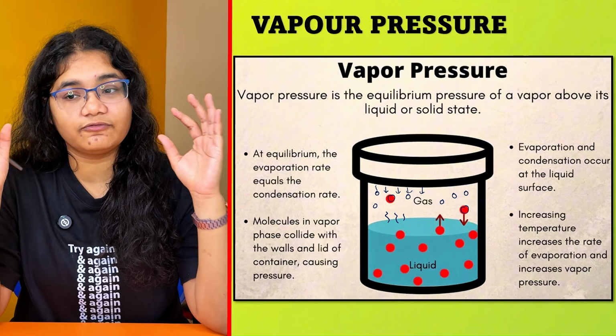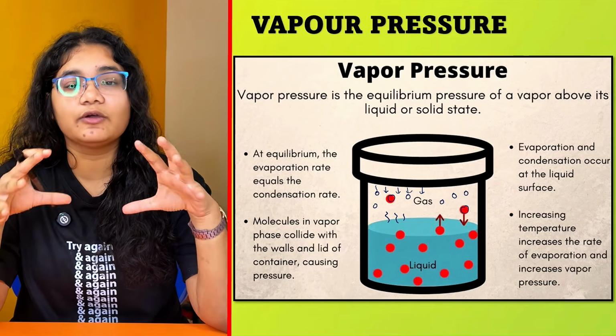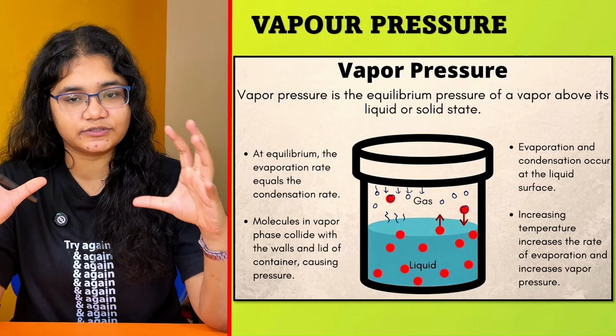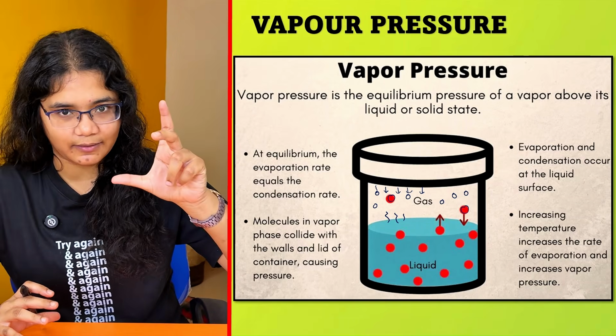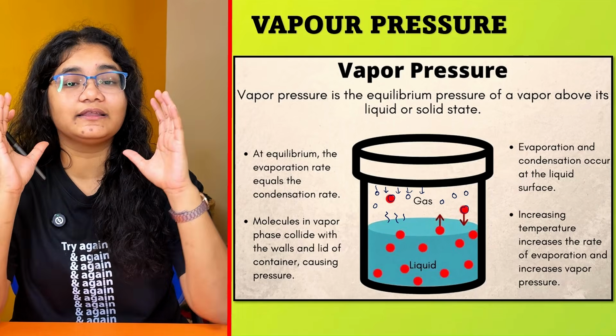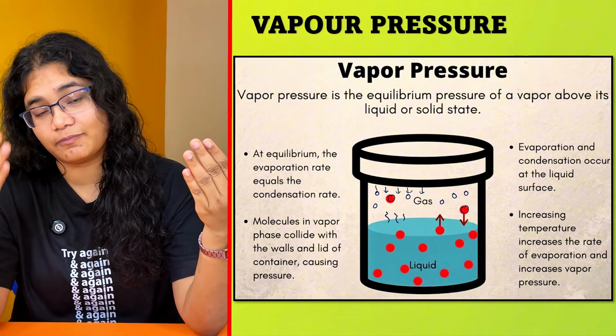That point in time, when the rate of evaporation is equal to the rate of condensation, we call the equilibrium position. At equilibrium, you will have the liquid and the vapor, and they are evaporating and condensing. The process is going on, but the rate is constant, meaning the number of particles evaporating is equal to the number of particles condensing.